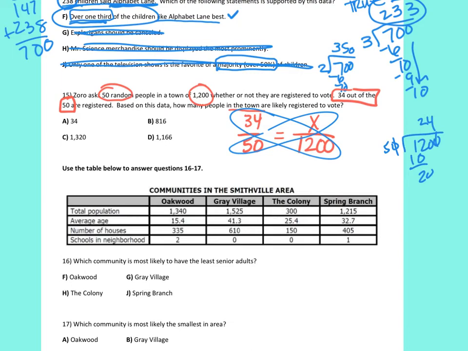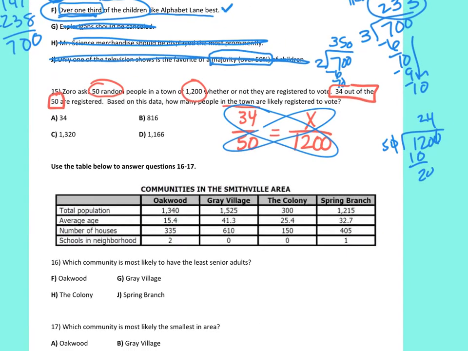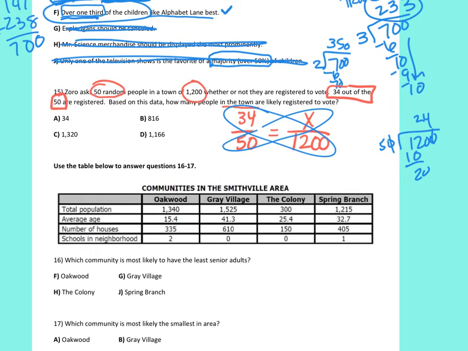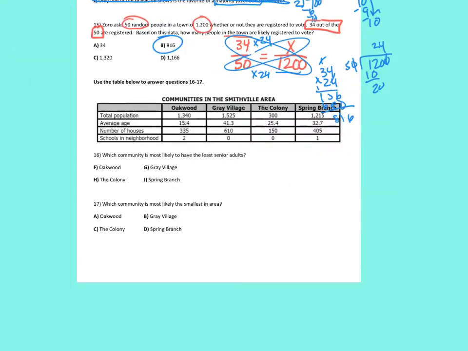And we can. 50 times 24 got us 1,200. So 34 times 24. That should be 816. Okay.